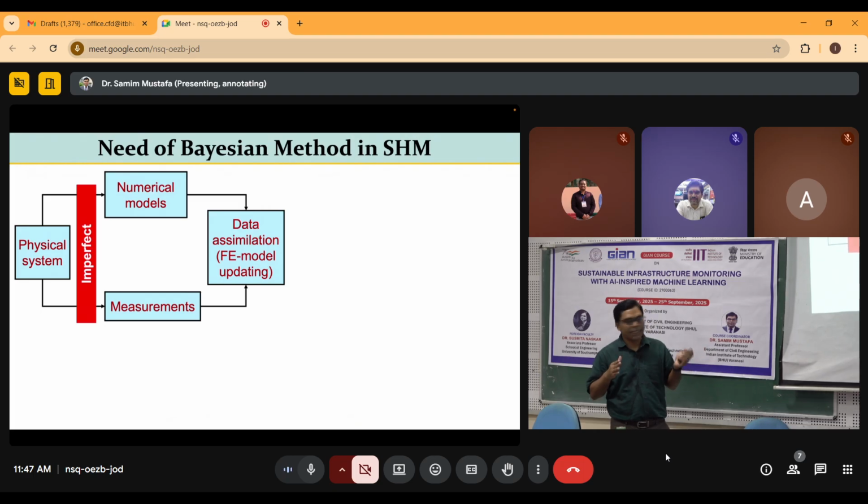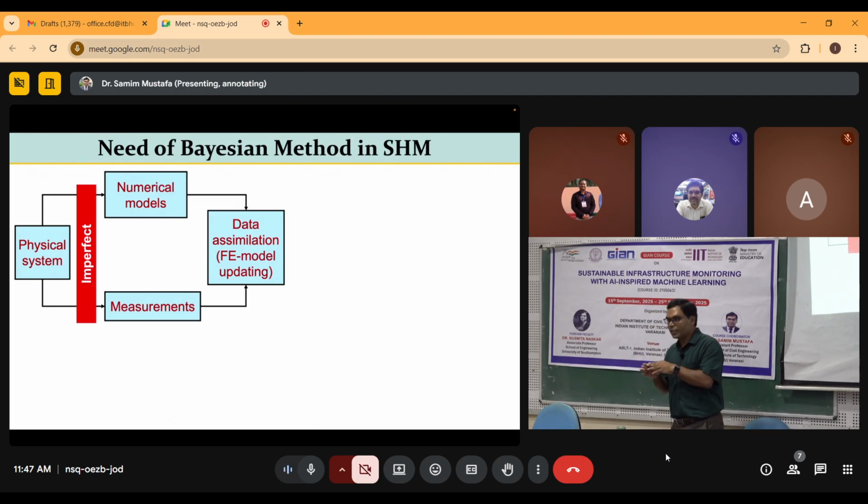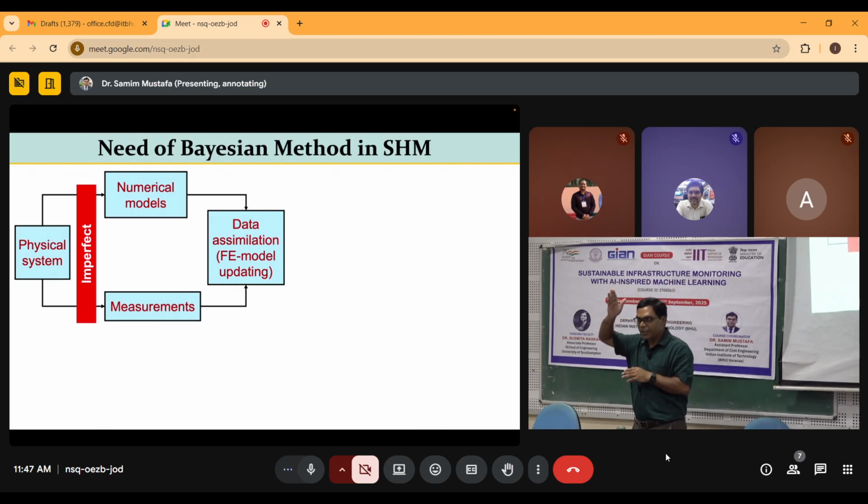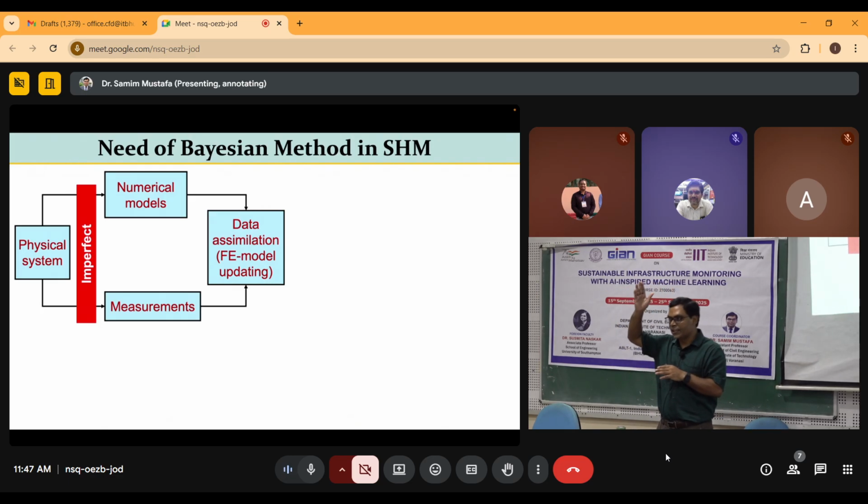So what is happening? The physical system, once it is constructed, then only measurement is possible. Before it is constructed at the site, how can you take the measurement, right? So it exists as a numerical model before construction. Suppose you are planning to construct a new structure. You are designing a structure, constructing a numerical model, and then performing some analysis.